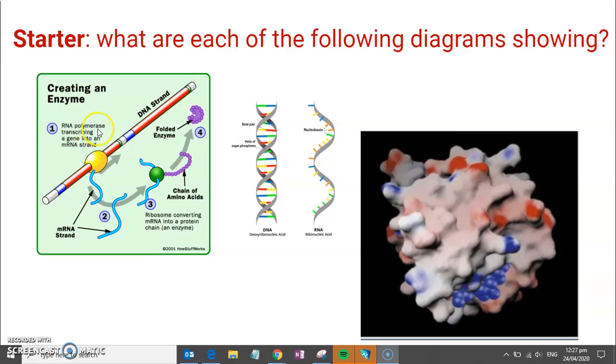So RNA polymerase, this yellow enzyme here, is transcribing. So this is part of protein synthesis, the first part of that central dogma that I discussed on the last screencast. This enzyme is transcribing a gene on the DNA into a piece of RNA. So in order for the DNA to be used, we know DNA has instructions for creating proteins, but the cell can't just read the DNA as it is.